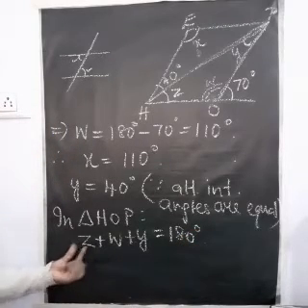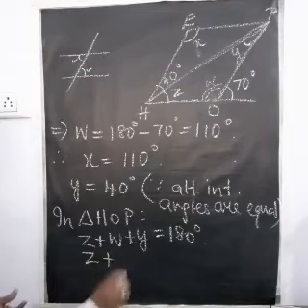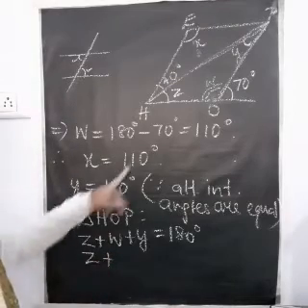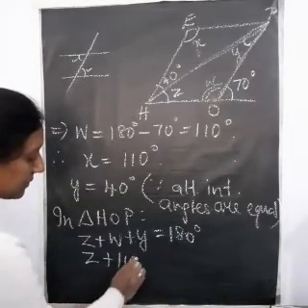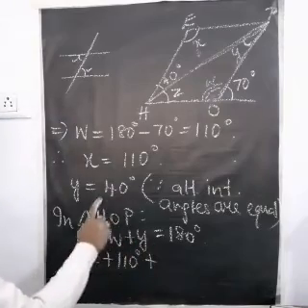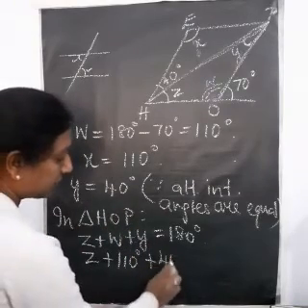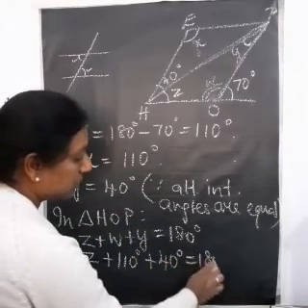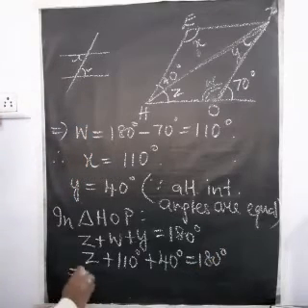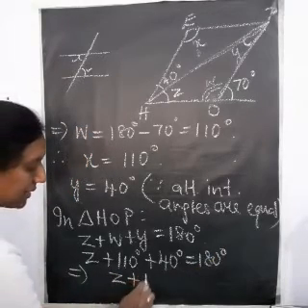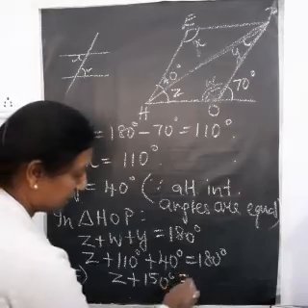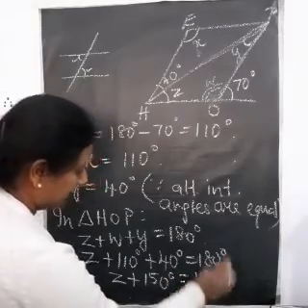Now do we know Z? We don't know. Z plus what is W? W we have got 110 plus what is Y? Y is 40. Correct. That is equal to 180 degrees. That is Z plus 150 is equal to 180 degrees.